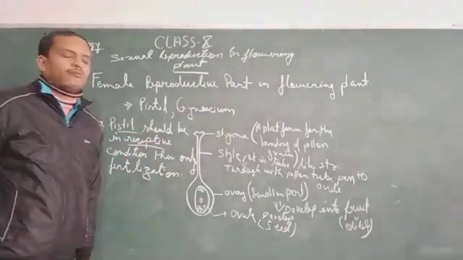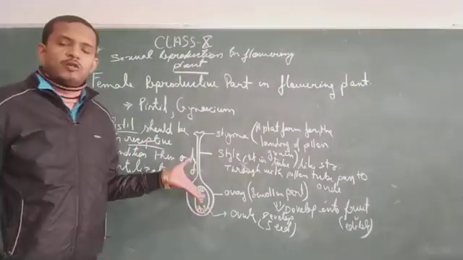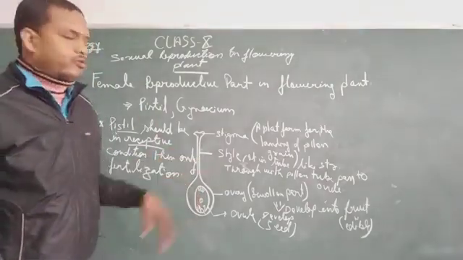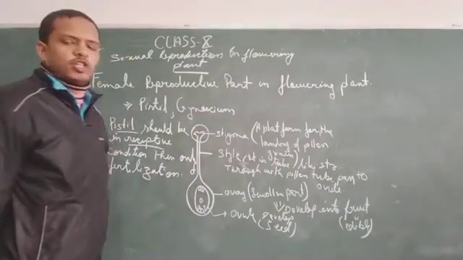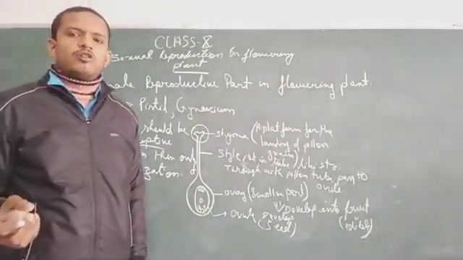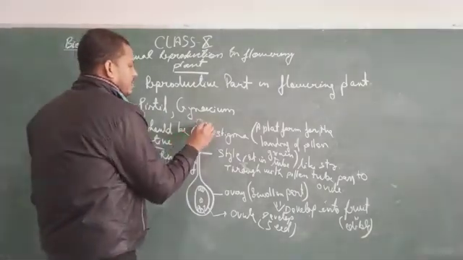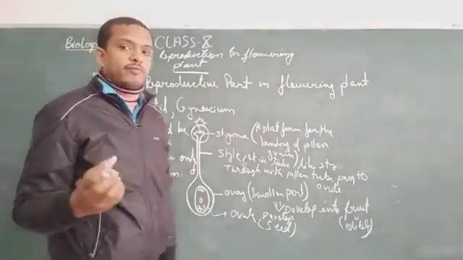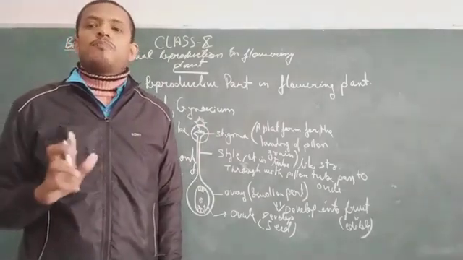What do we mean by receptive condition? It means that the female reproductive part or ovule should be mature. When they are mature, in the region of the stigma there is secretion of some chemicals. When the pollen grain falls on the stigma and comes in contact with those chemicals, they help in the germination of the pollen tube.